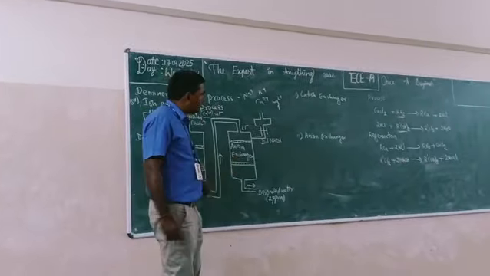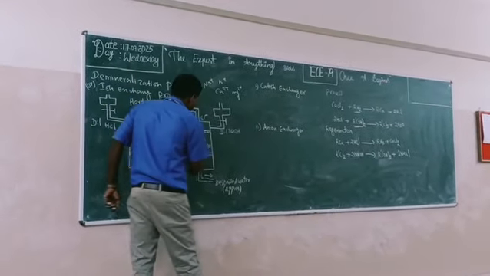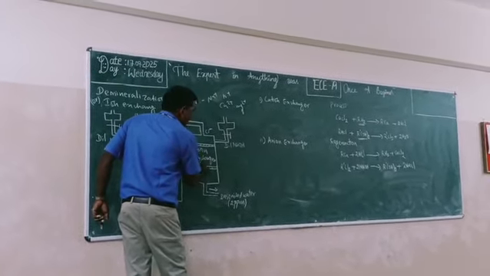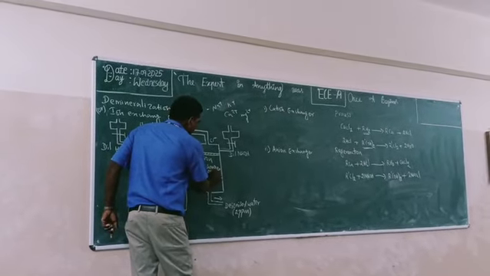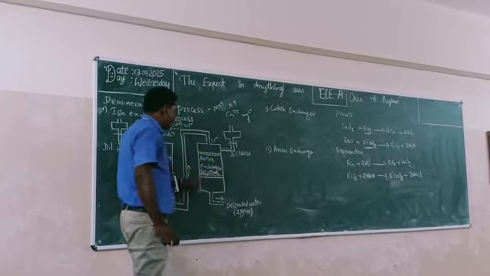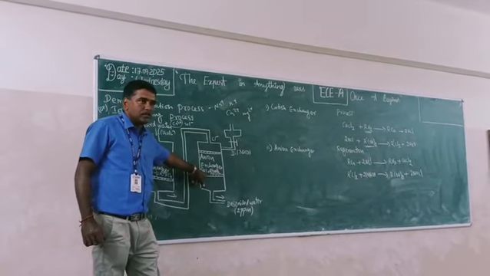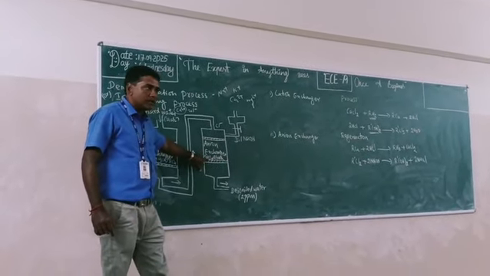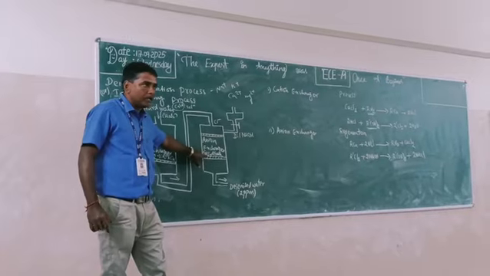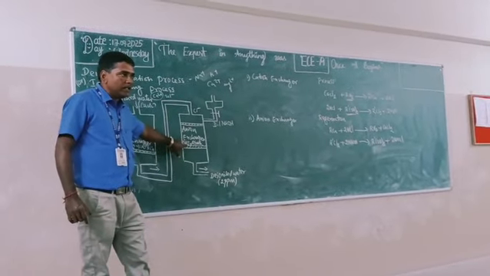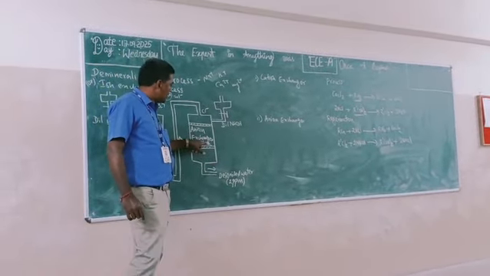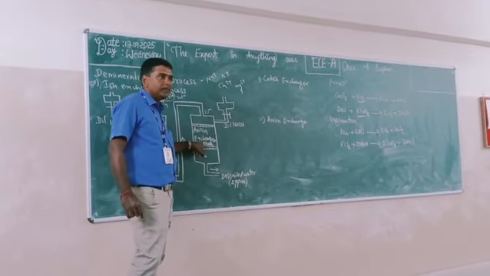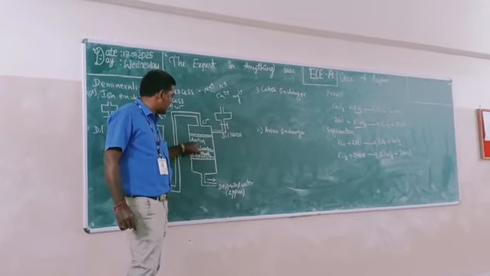So what is the reaction? 2HCl plus R dash OH twice. Cl minus is the anionic impurity, and these anions are absorbed by the anion exchanger column.